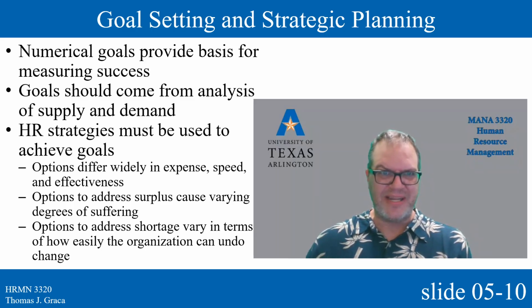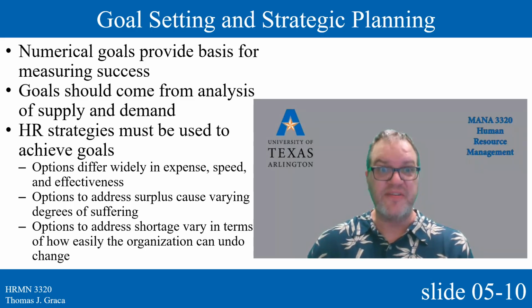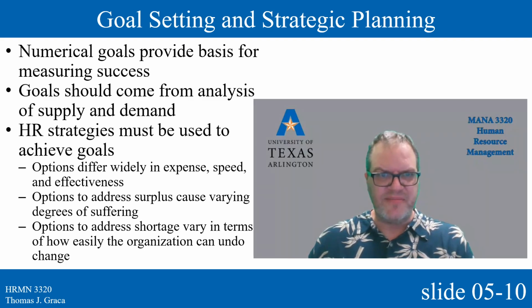If we have a surplus, we're going to establish goals for how much of the workforce we're going to reduce. If we have a shortage, we're going to make goals for how much of the shortage we're going to fill. We're going to have in place when we need to have in place. And so obviously the goals come from the analysis of supply and demand.